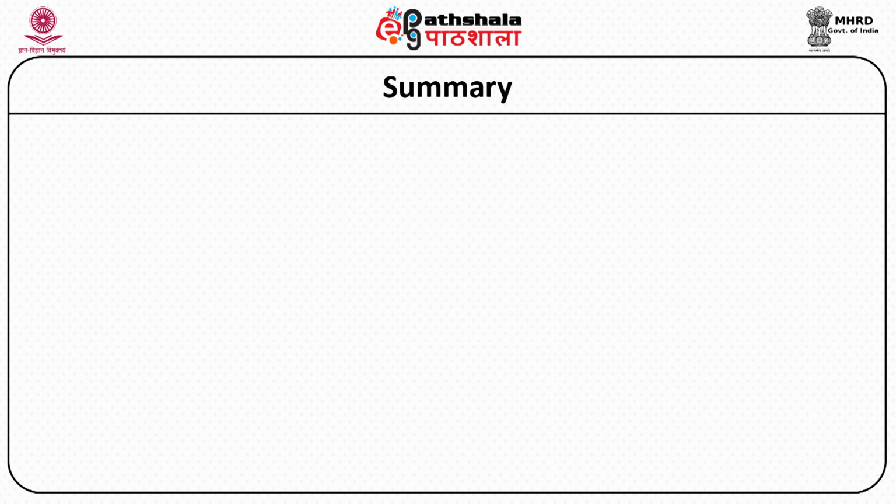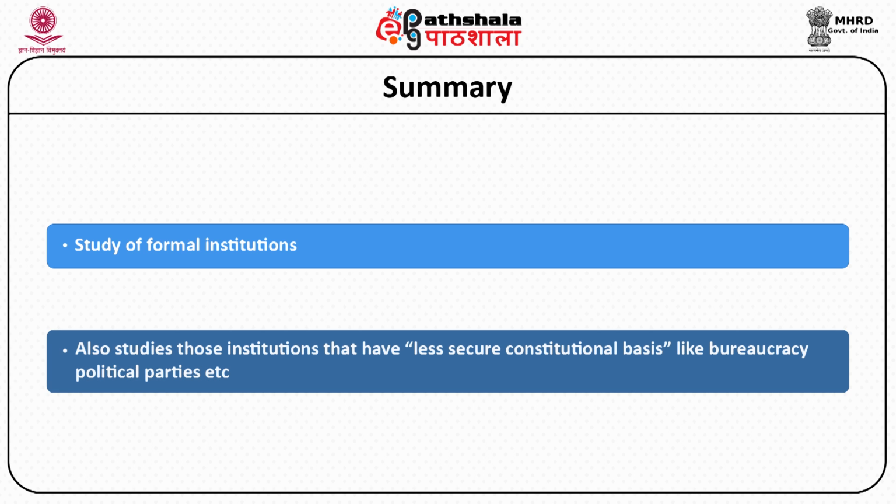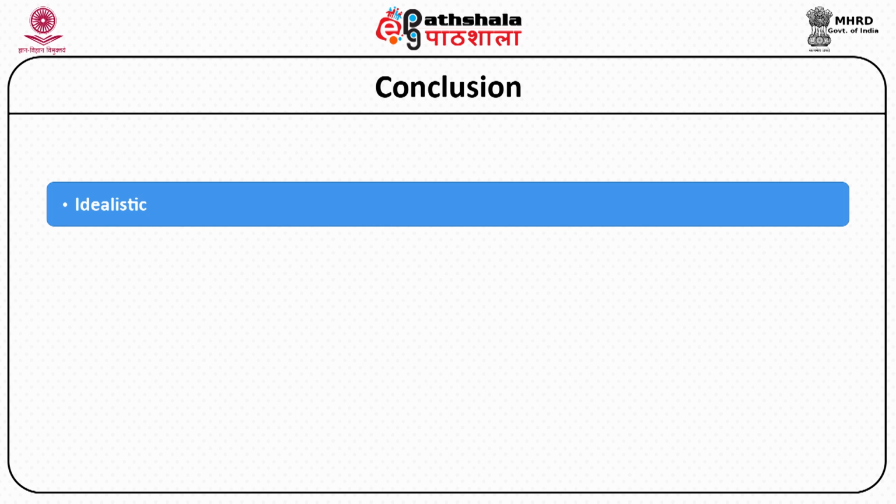We can summarize by saying that the institutional approach studies formal institutions. It also studies those institutions which have less secure constitutional basis, like the bureaucracy, the political parties, etc. So, we can conclude by saying that despite the criticism which says that the institutional approach is very idealistic, very static, we can say that the institutional approach holds its own ground because it talks about an idealistic situation.